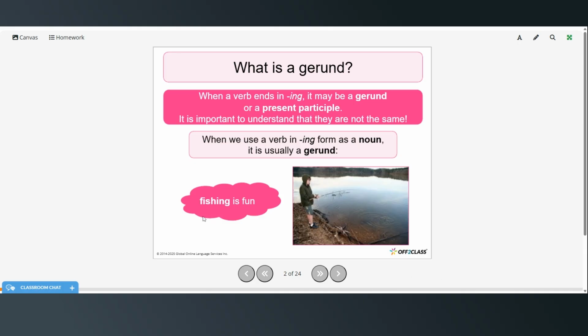Here's an example: Fishing is fun. Here, is would be the main verb and fishing is the subject. So here we have an ing verb that's being used as a noun and also as the subject of the sentence.